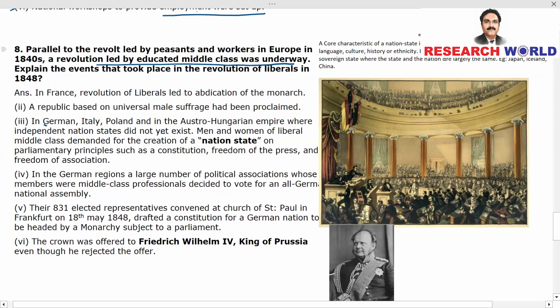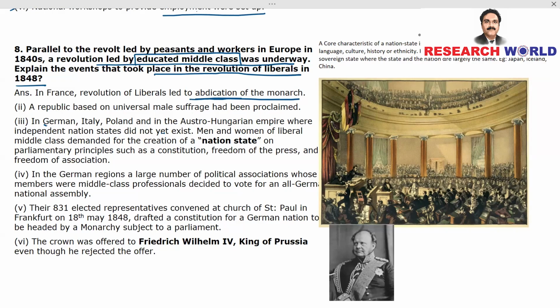Let's see the highlights of that particular revolt. Please try to understand the key difference. Right now we are discussing the revolution led by the educated middle class. Explain the events that took place in the revolution of liberals in 1848. Let's start. In France, the revolution of liberals led to the abdication of the monarch.